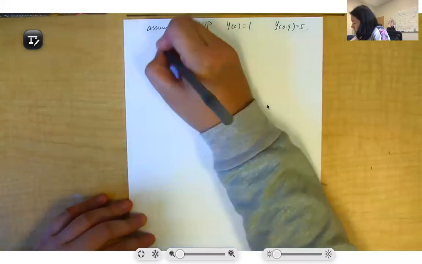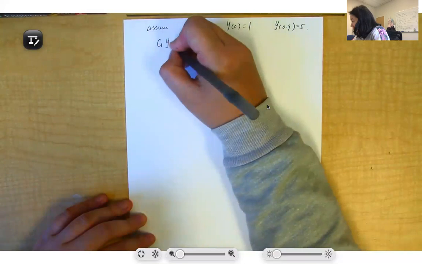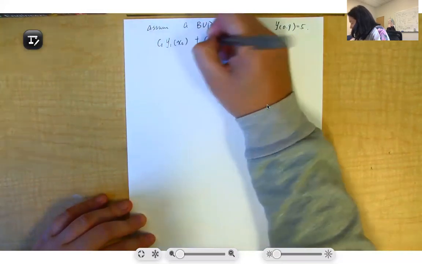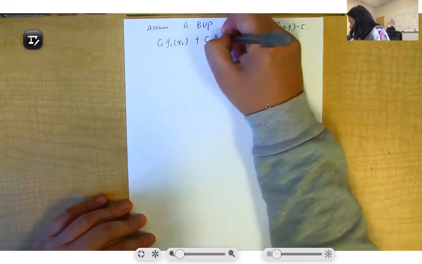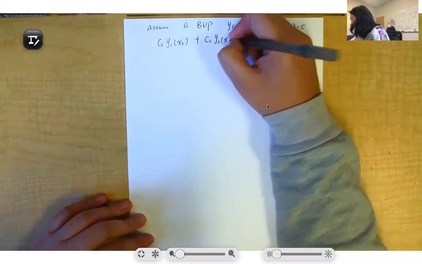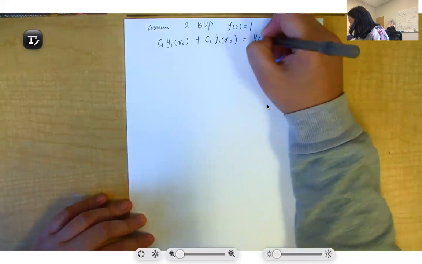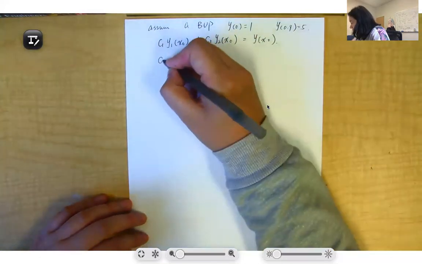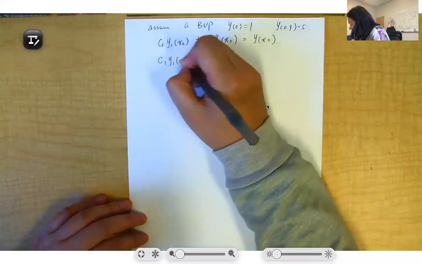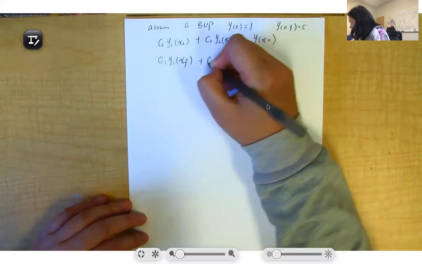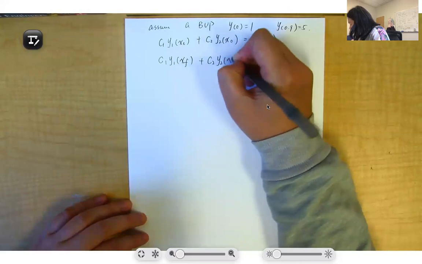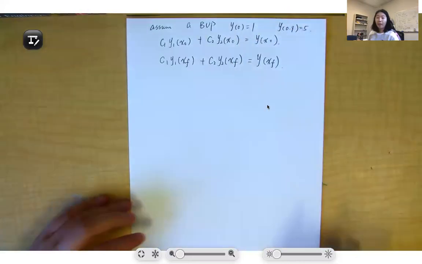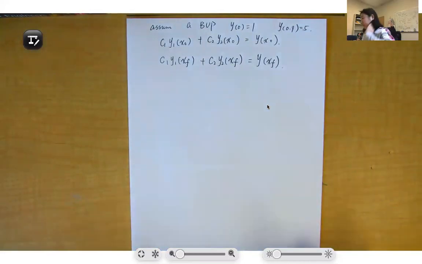So you have c1 y1 at x naught plus c2 y2 at x naught equals y at x naught. Then c1 y1 at x final plus c2 y2 at x final equals y at x final, because they are linearly combined for these solutions.